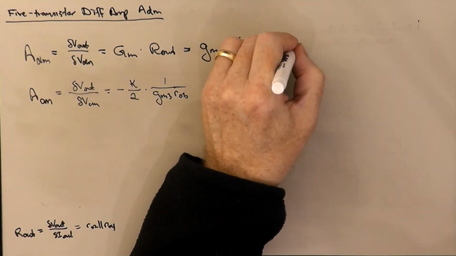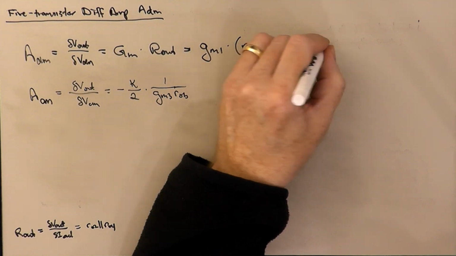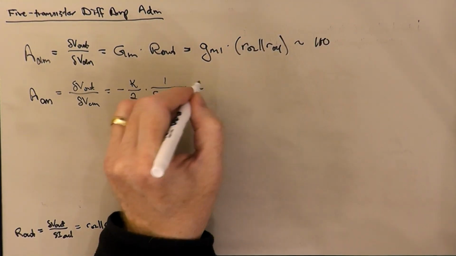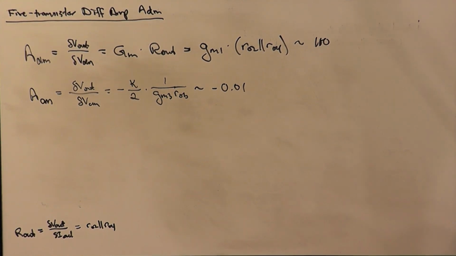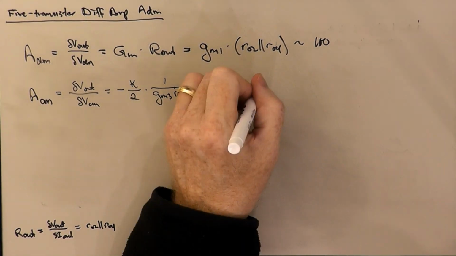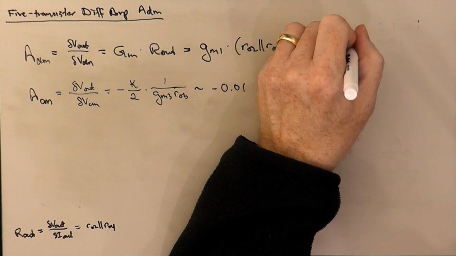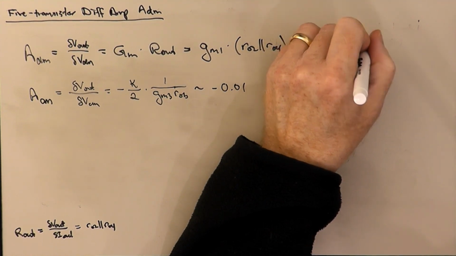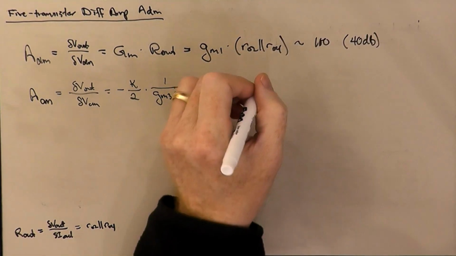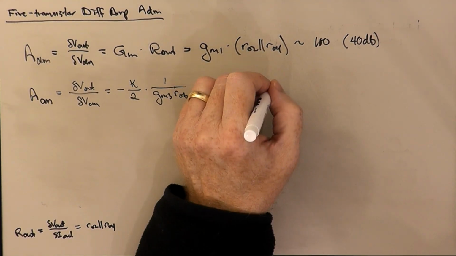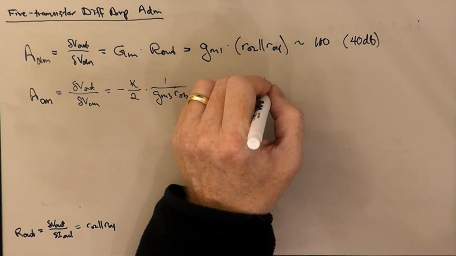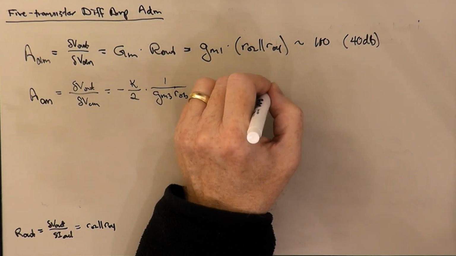And this was a number that was on the order of minus 0.01. Something like that. So this would be something like 40 dBs, and the magnitude of the common mode gain would be something on the order of minus 40 dBs.